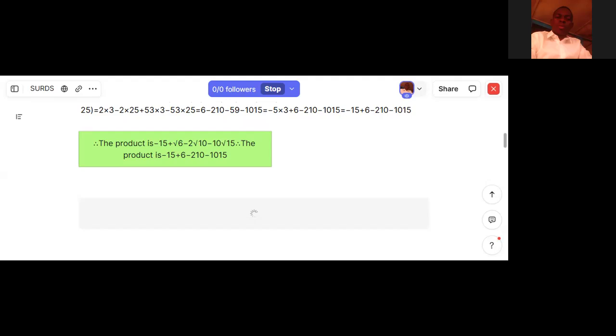For instance, to rationalize 2 over root 3, that gives us 2 over root 3 multiplied by root 3 over root 3, to give 2 root 3 over 3. You have rationalized the surd, eliminating the surd denominator. That is the essence of rationalization.